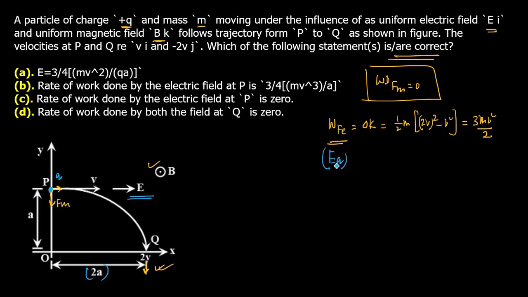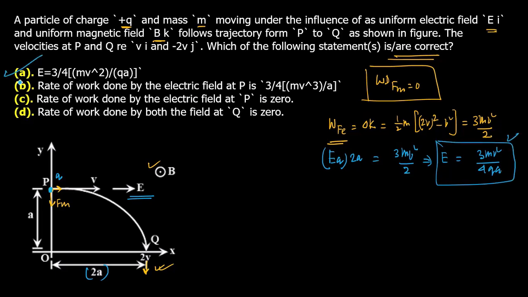So E q multiplied by 2a is the work done by the electric force, and that should equal 3mv squared by 2. From that, I get E equals 3mv squared by 4qa. That is the magnitude of the electric field, so the first option is correct.